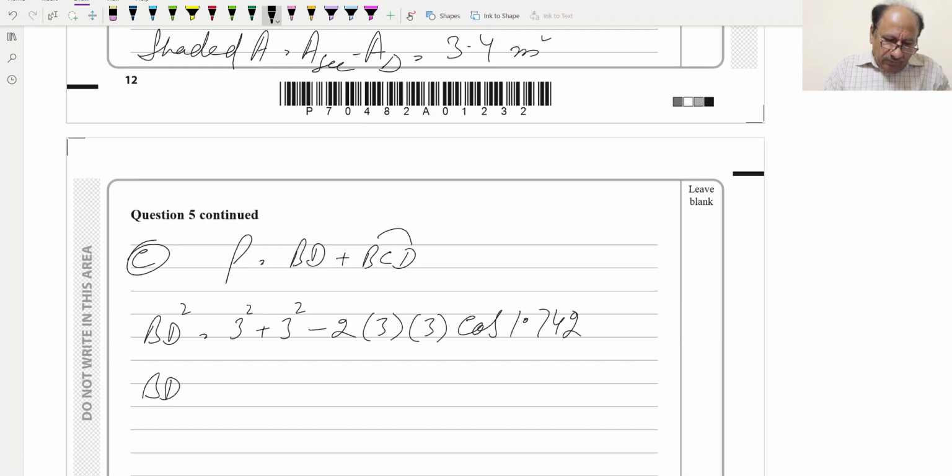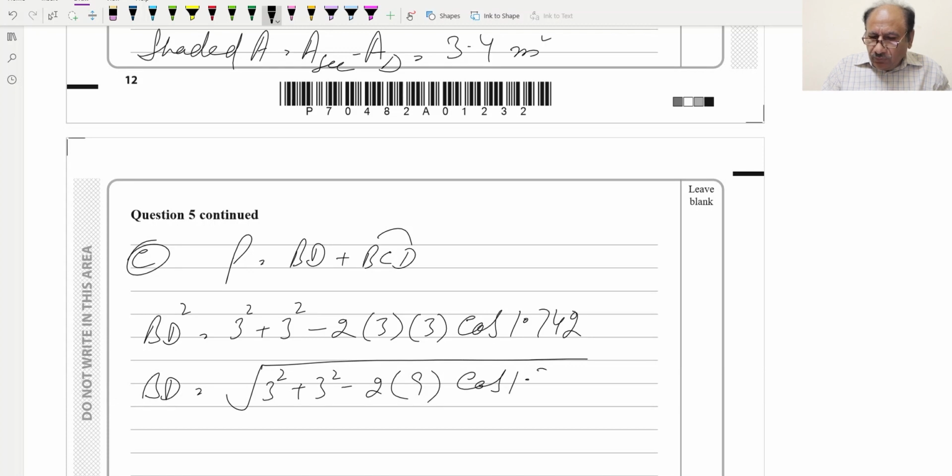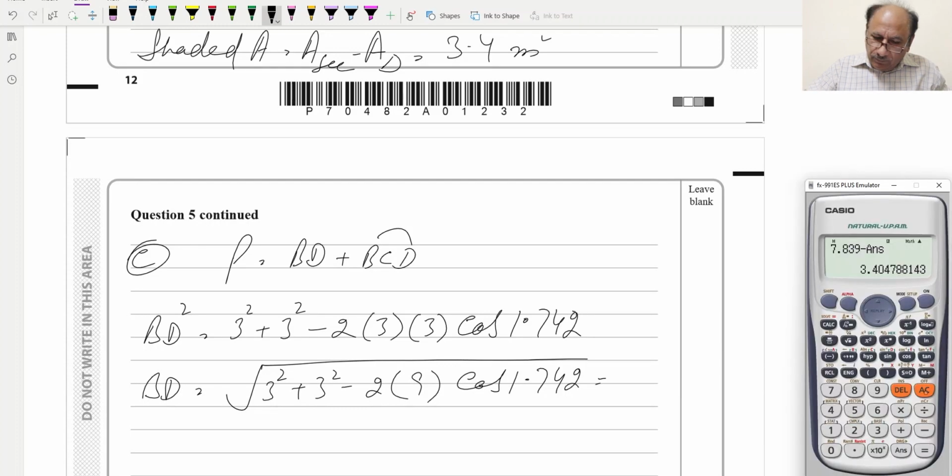Now BD will be equal to the square root of 3 squared plus 3 squared minus 2 into 3 into 3, which is 9, cos of 1.742.